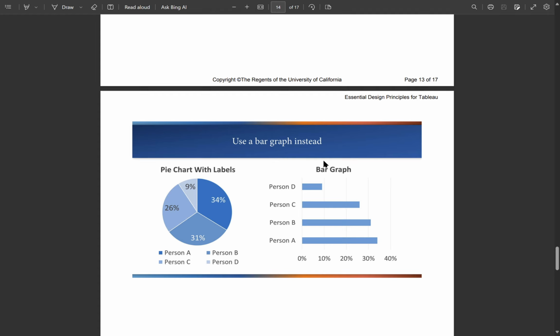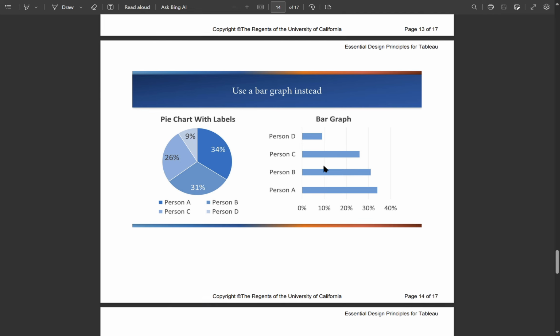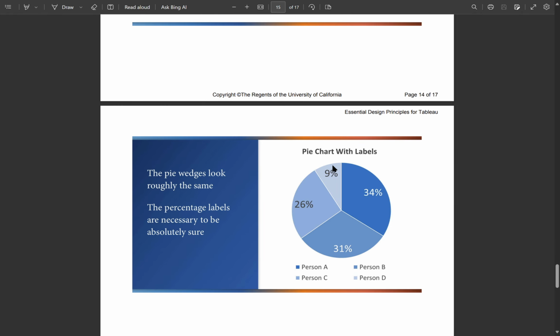Without having the numbers, we can see that person B and person A have different sizes of bar without a percentage sign. So it is easier to discern the size of B and the size of A just by looking at the graph.